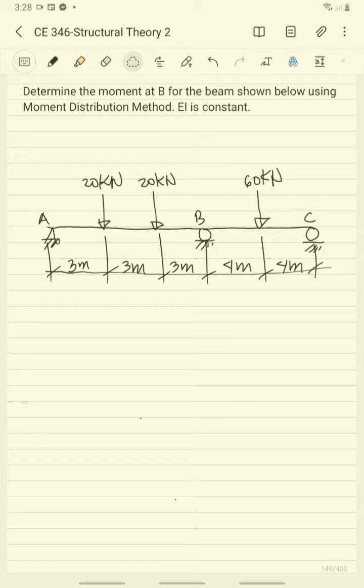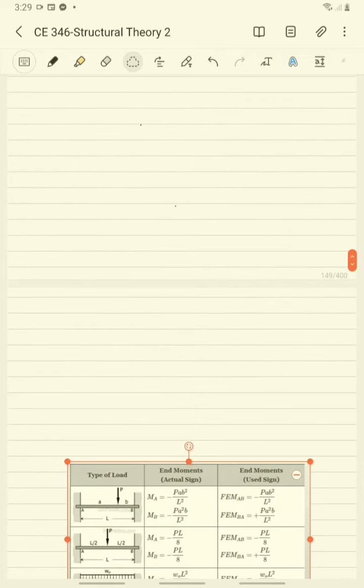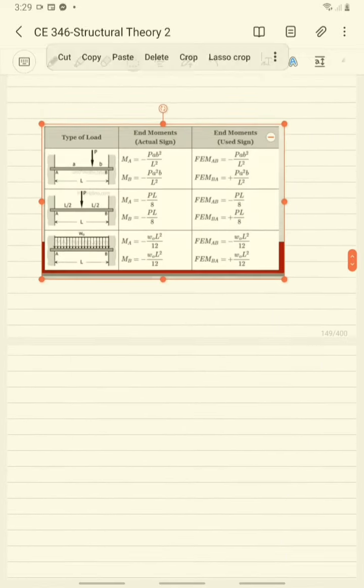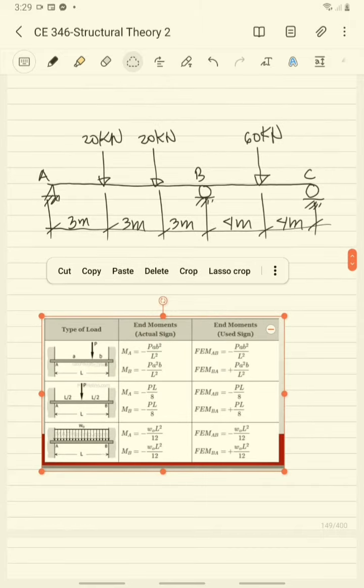We will assume these supports are locked or fixed. Then we will compute the fixed end moments. Since our beam is loaded with concentrated loads at different positions, we will find the formula for a concentrated load. From the fixed end formulas, we have this formula.